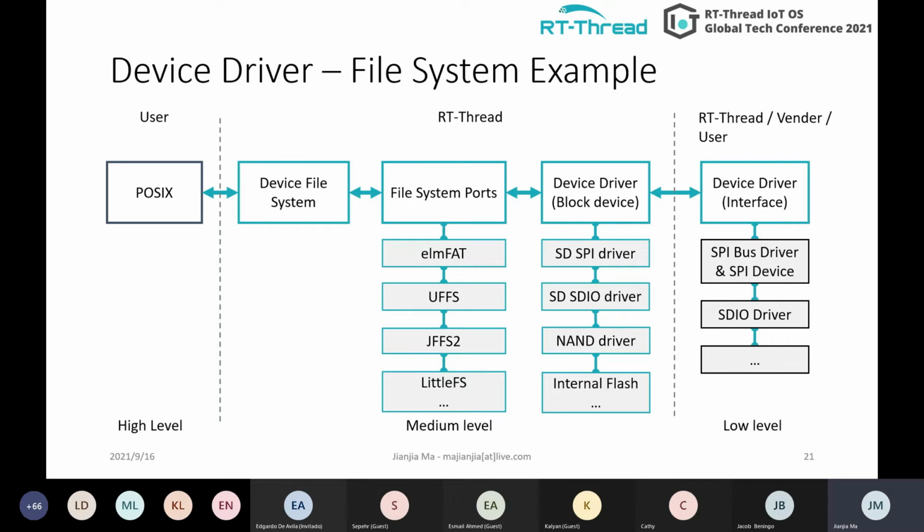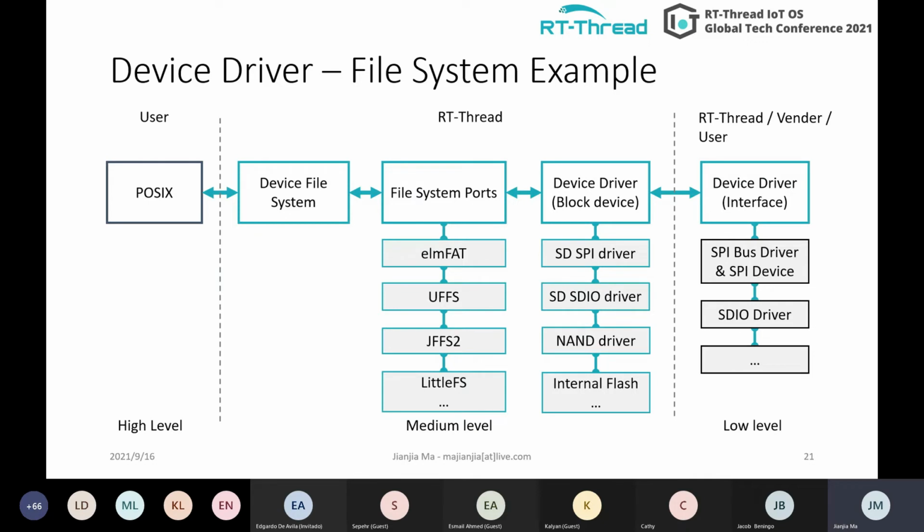So again, what we want to do is only do the programming at the high-level application level, which has the POSIX support. Then we don't need to do anything about the medium level because it's all managed by the RTThread. What we only need to do is ensure the low-level driver is present.